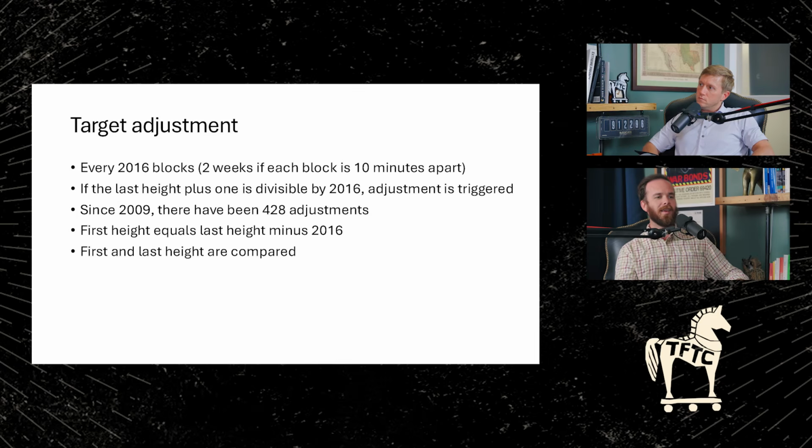But the only caveat I want to add is that the difficulty is really being set by the Bitcoin nodes. When a miner proposes a block, the nodes calculate the difficulty.